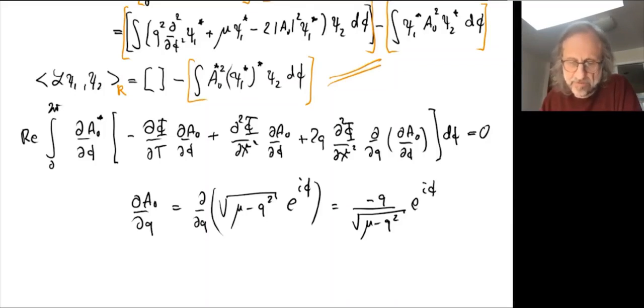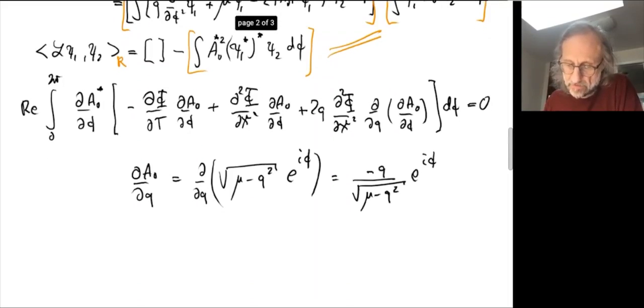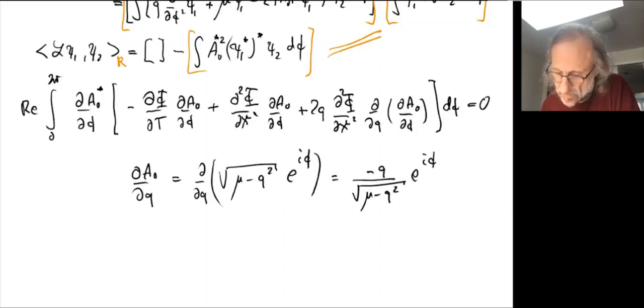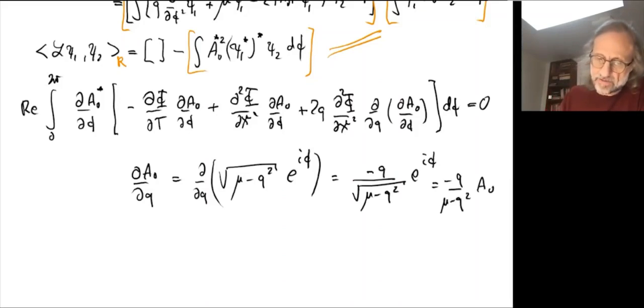But what we want is dA naught by d phi, and the d phi is here already. So we want to write this in terms of A naught itself. That's not hard, because this exponential is A naught divided by this object. So in short, this is minus q over mu minus q squared times A naught.